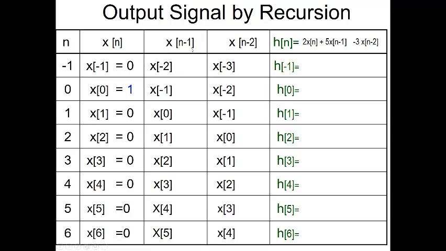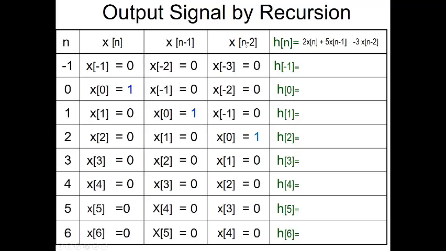X sub n minus 1 is a delayed unit sample sequence, so that one occurs at n equals 1. X sub n minus 2 is a 2-sample delayed unit sample sequence, so we add a 1 here at n equals 2. And then we can simply read across the row for each index, plug in the appropriate values in the difference equation, and get the unit sample response, starting with initial conditions of 0, the system relaxed.